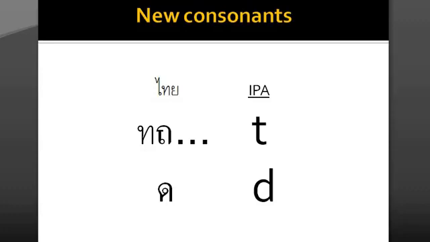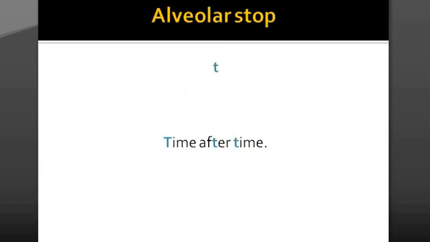You do have these sounds in Thai language. In Thai language, you have many different ways to write the ta sound. And of course this is da, t, and d sounds. So these are called alveolar stops.